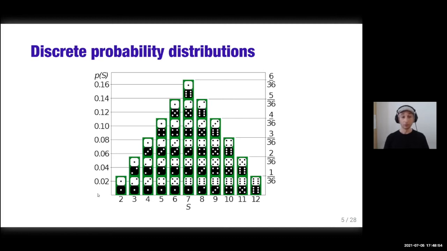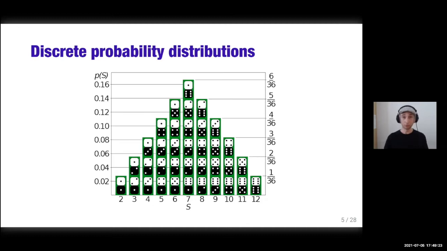If you move on to the second column, 3, there are two ways of getting a 3 with two dice. In one case, the black die has 1 and the white die has 2. Or the other way around, the black die has 2 and the white die has 1. So if you have two different dice and you want to get a 3, there are two ways of getting it.